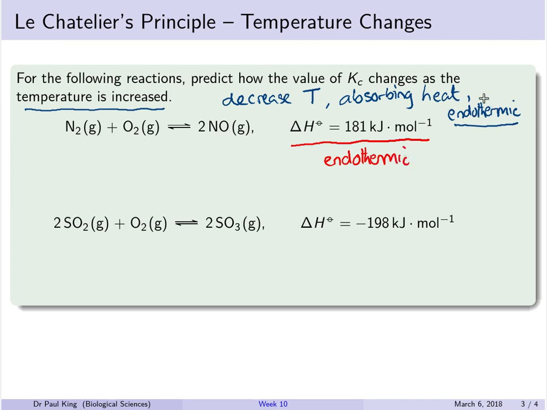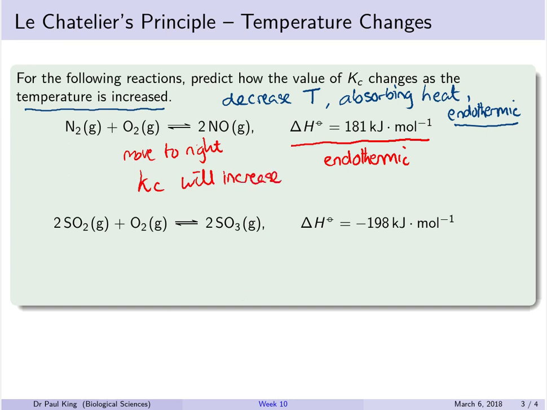Okay, so bearing in mind that we're looking to favour the endothermic process once we increase the temperature, quite clearly then the system will move to re-establish equilibrium by moving to the right, because that is the endothermic process. And of course if it moves to the right, we're going to have more products than reactants, so that means that the equilibrium constant will increase in this case.